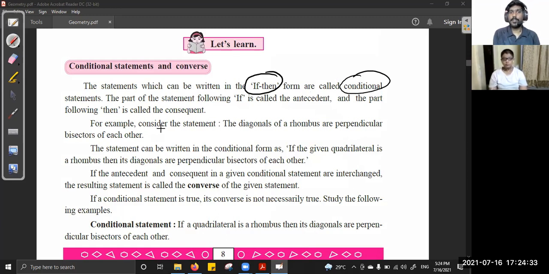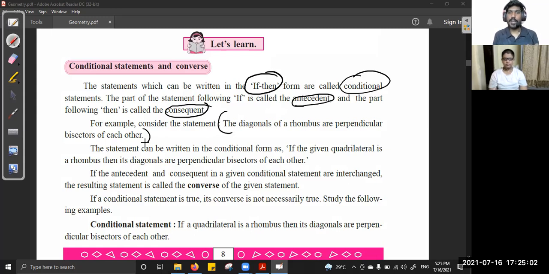The part of the statement following if is called the antecedent, and the part following then is called the consequent. That means the part after if is called the antecedent, and the part after then is called the consequent. For example, look at this statement.